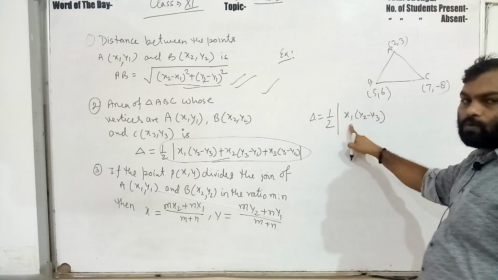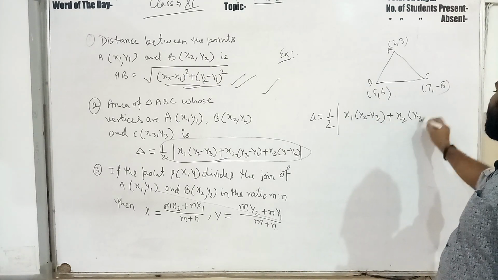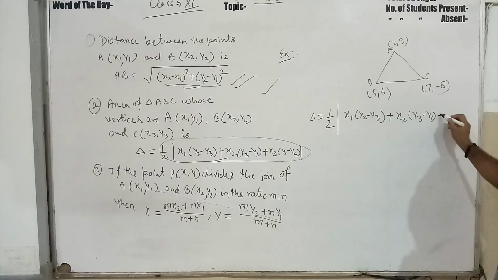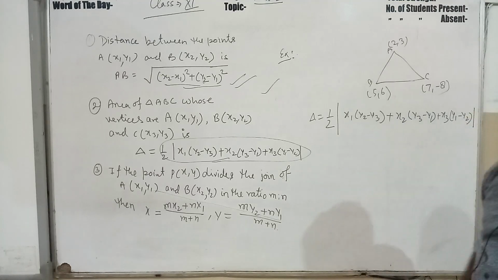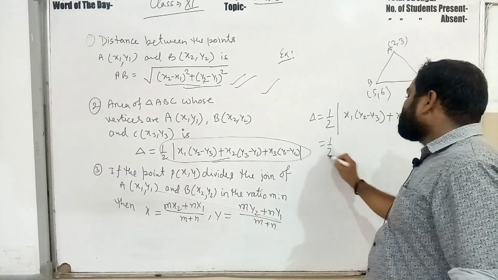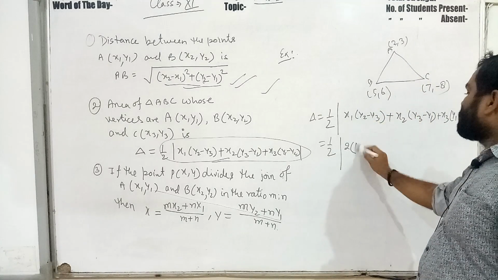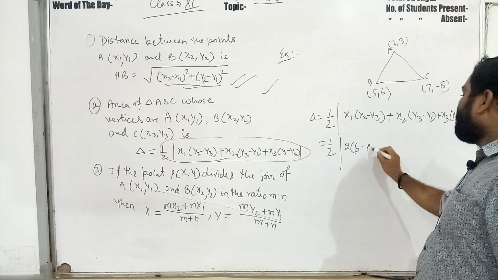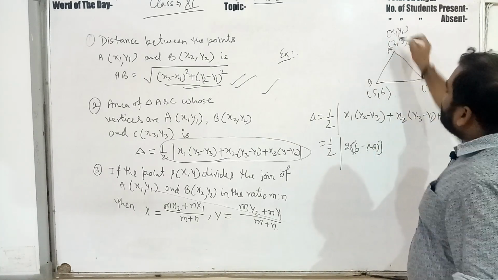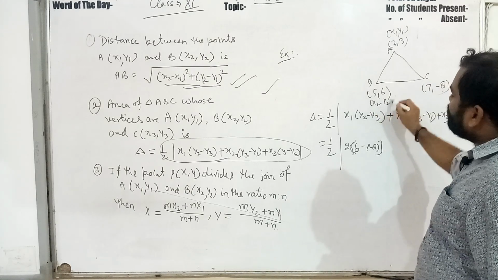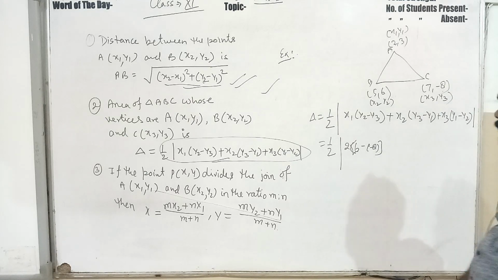Here remember, x1 after 1, 2 and 3, then x2 after 2, 3 and then 1, and then x3 after 3, here comes 1 and then 2. Okay, so now just putting the values, take this as x1, y1, this as x2, y2, and this as x3 and y3.